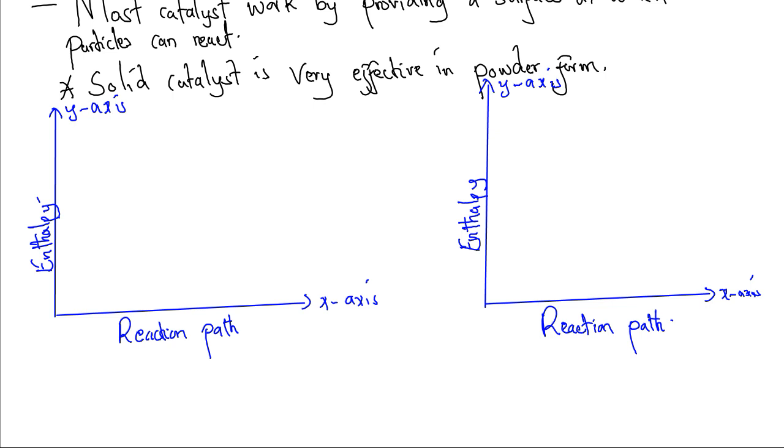So we have reactants. This is uncatalyzed. This is reactants, this is product.